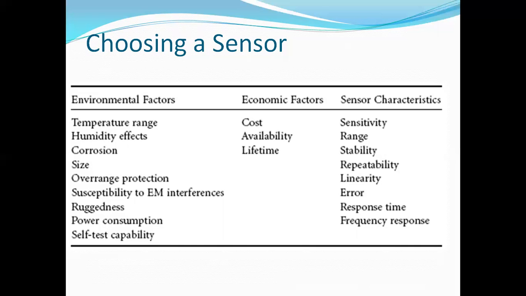Corrosions are nothing but the blocking of the passages by the incorporation of slurry materials on the runway. Depending upon the dimensions, there are different sizes, overrange protections, susceptibility of engineering material interfaces, ruggedness, power consumption, and self-test capabilities.